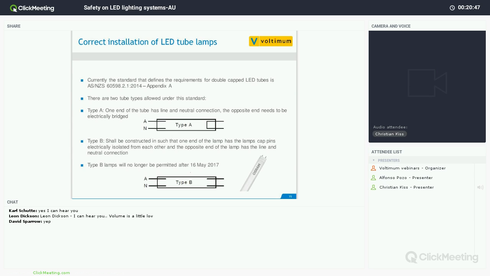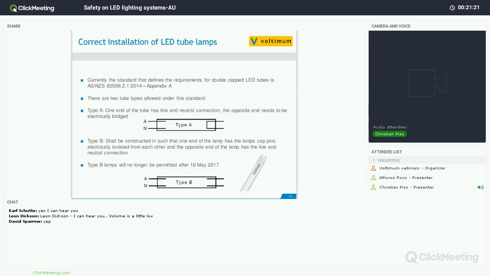Okay, so moving on to the next discussion point, and that's to do with the correct installation of LED tubes, basically T8 double cap style tubes, which are relatively common in the market now. The current standard that defines the requirements for these LED tubes is actually AS/NZS 60598 Part 2, Part 1, 2014 Appendix A. For those of you that recognise the standard number, it's actually a luminaire standard.